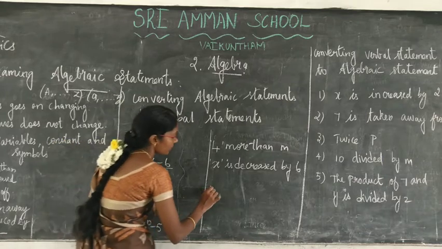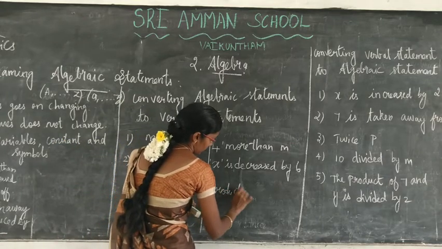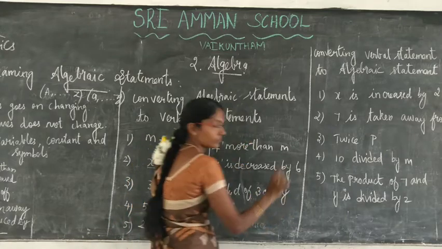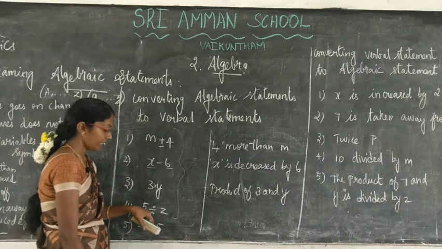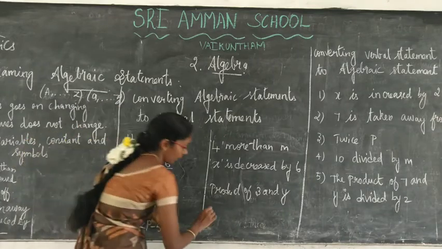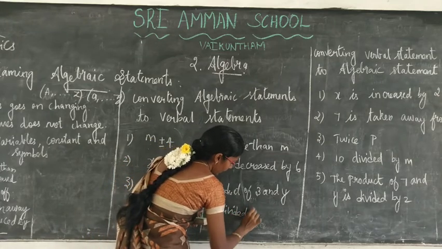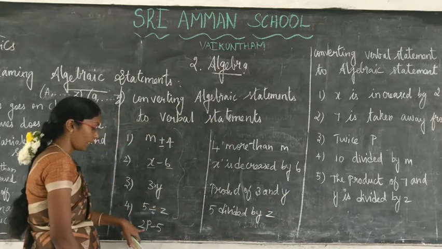So you can write product of 3 and y. Next one, 5 divided by z. How will you write? 5 divided by z.